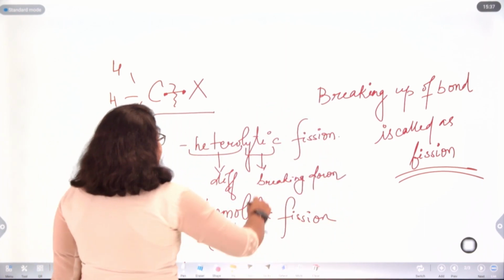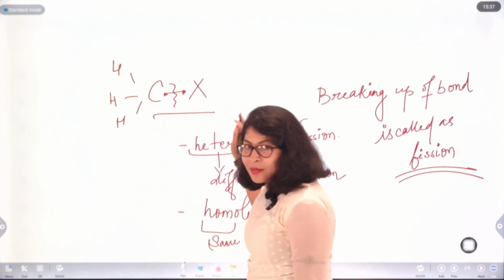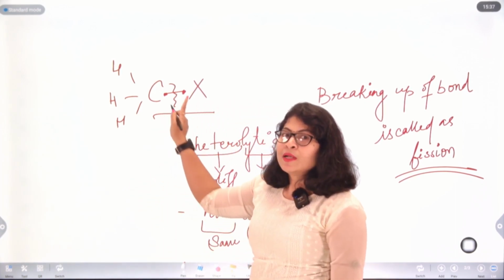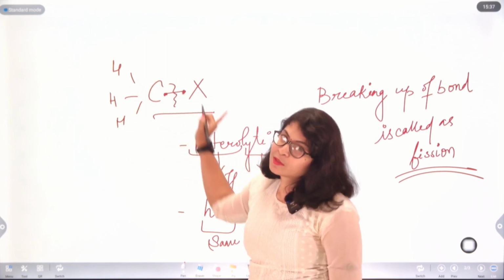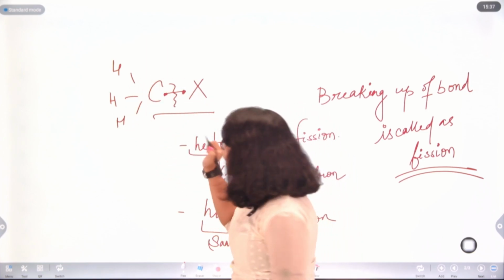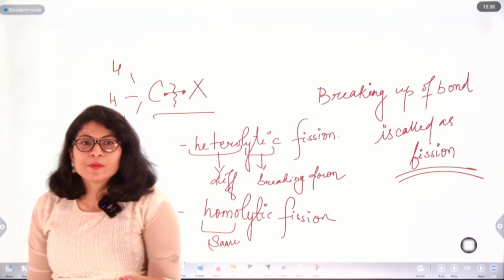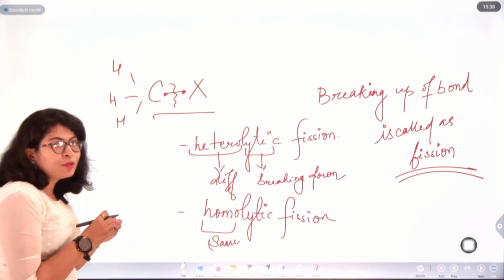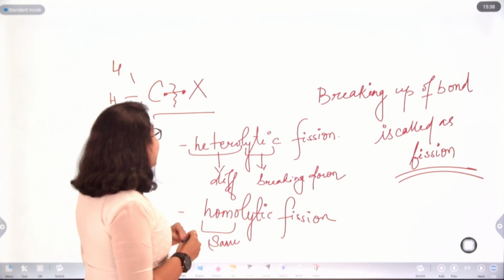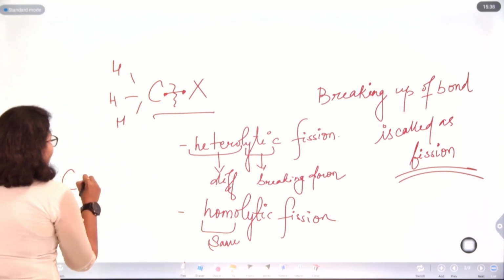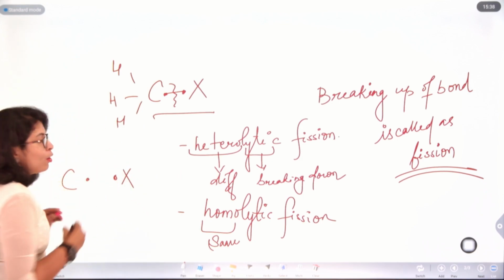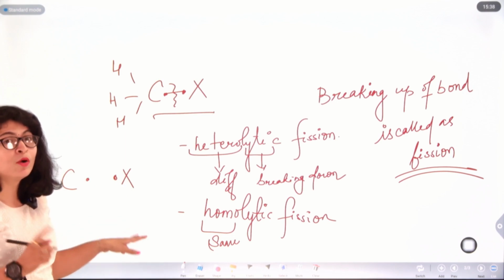See, in heterolytic fission, two conditions can arise, where firstly the carbon atom can get the electrons or the X will get the electrons. Now, electrons mean negative charge. And if I am saying one bond is formed by sharing of two electrons, here I am talking about covalent bonds.